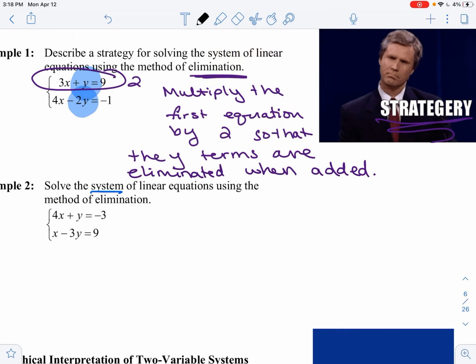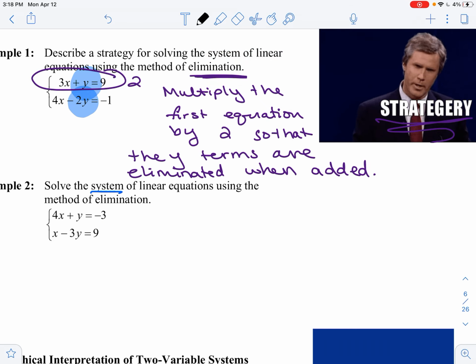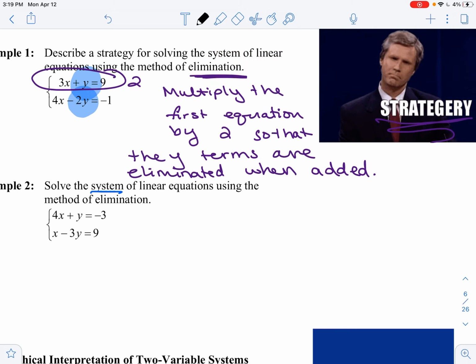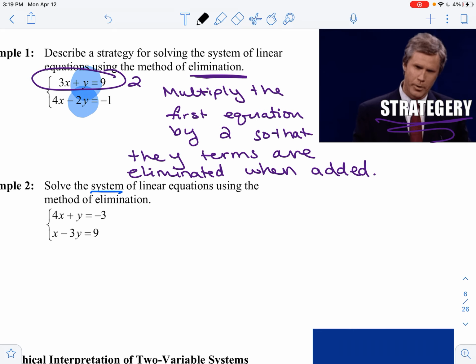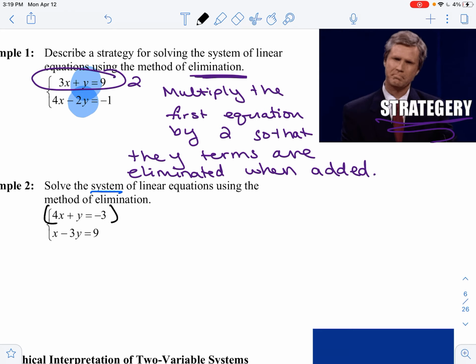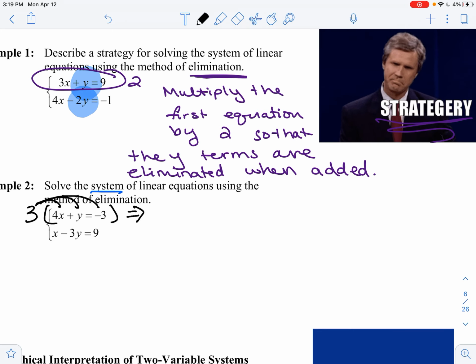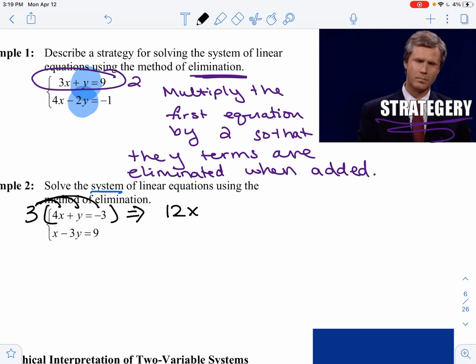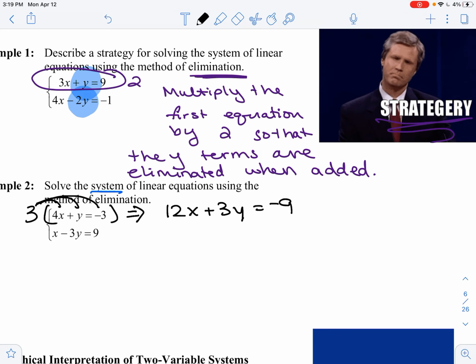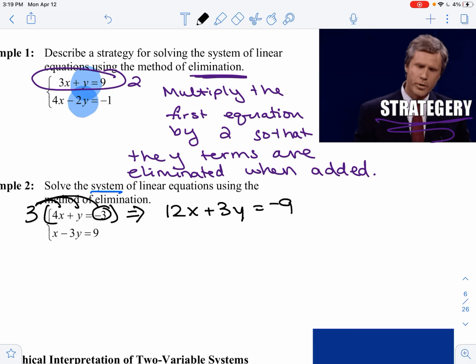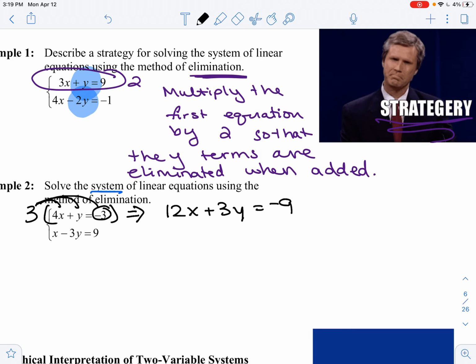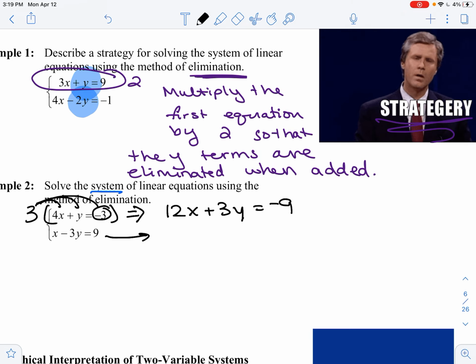I'm going to choose to eliminate y. That means I have to multiply the top one by 3. So I'm going to rewrite this, and distribute the 3 to every single part. We end up with 12x plus 3y equals negative 9. Do not forget to multiply that 3 to every single part, including what it's equal to. And then we're just going to move this one over.